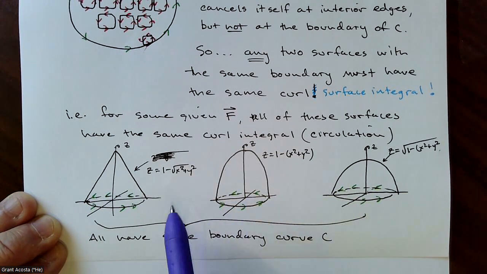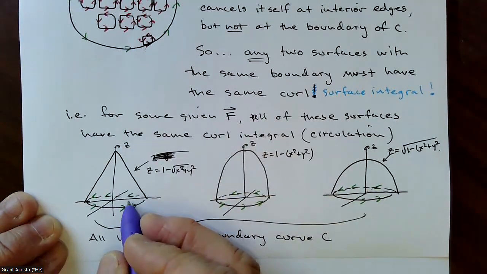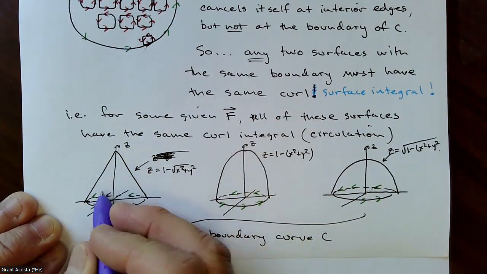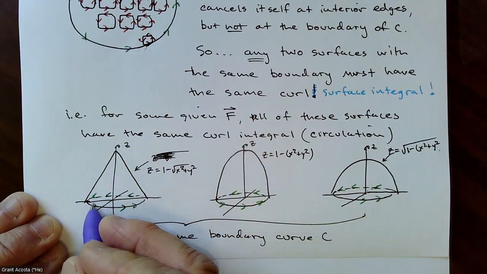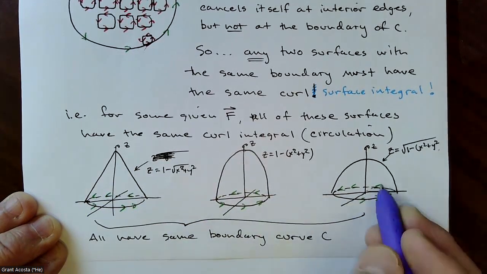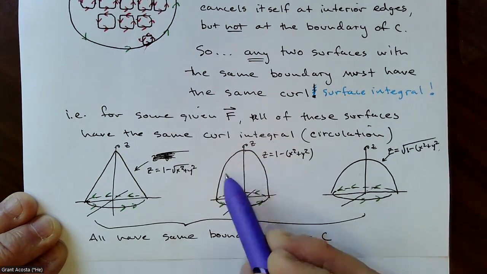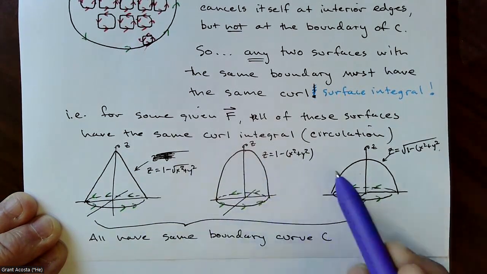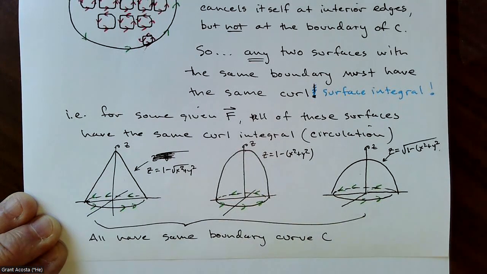If they all have the same boundary curve, and you add up the circulation at all the points on the surfaces, like we said, they're all going to cancel except for the ones that go around the boundary curve. And since they have the same boundary curve, the surface integral for curl for all 3 of these should come out to be the same, which is the circulation around the curve C.